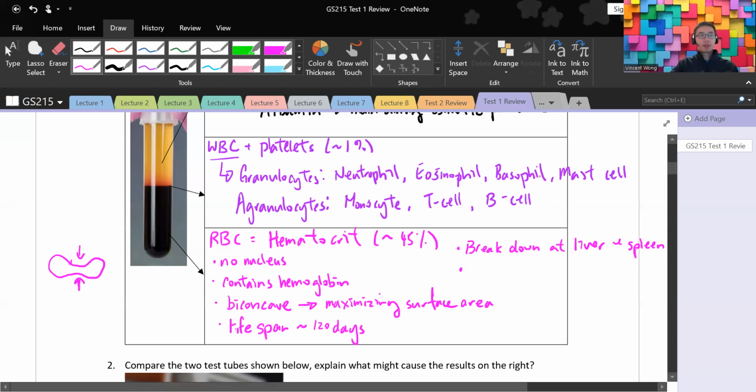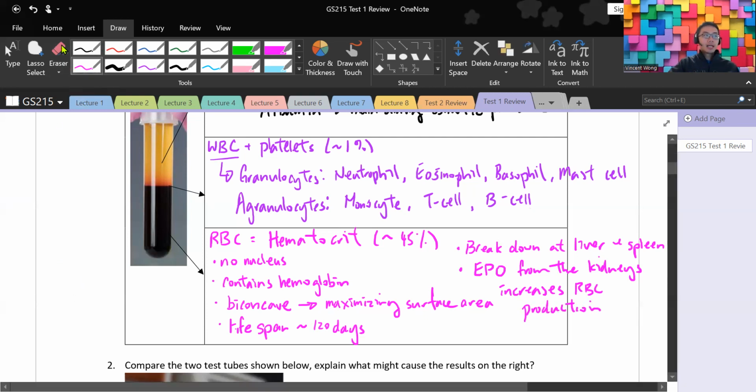It's 3 letters, right? We can use the acronym instead of the full name. EPO. Yeah, EPO, that's right, which stands for erythropoietin. So EPO from the kidney will increase RBC production.